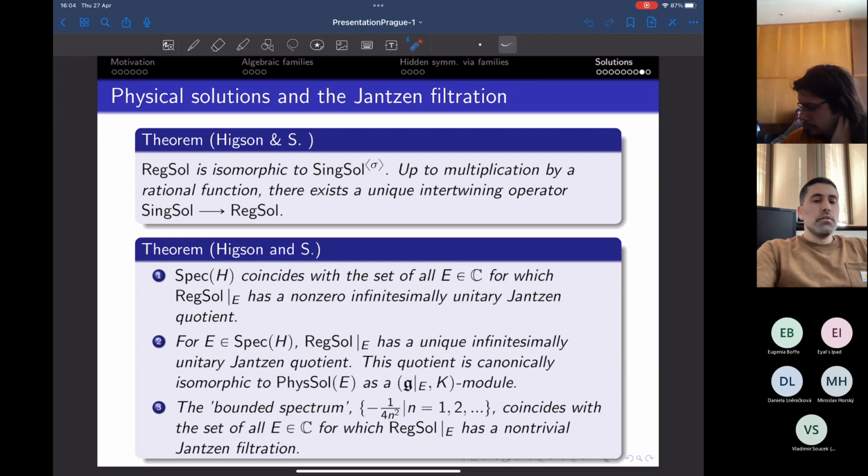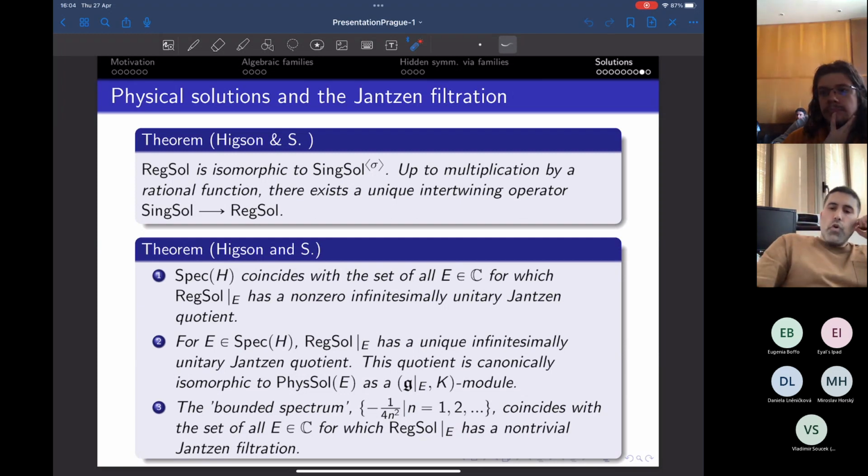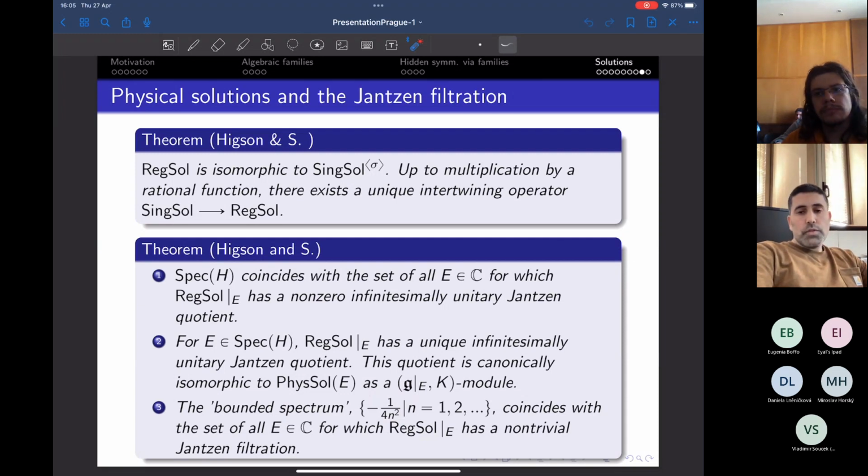It also means that generically, for all complex numbers not belonging to this discrete part of the spectrum, this algebraic (g,K)-module is irreducible, infinite dimensional. The issue is that it's not related to physics, not to the extent that I can say anything.